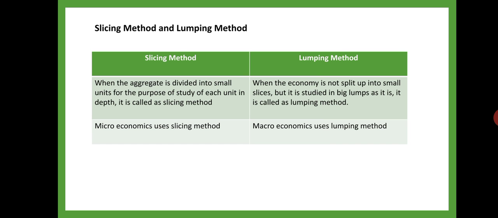Now we will be seeing slicing method and lumping method. In the last distinguish we saw slicing method is used in microeconomics, and lumping method is used in macroeconomics. Let's see, when the aggregate is divided into small units for the purpose of studying each unit in depth, it is called the slicing method.